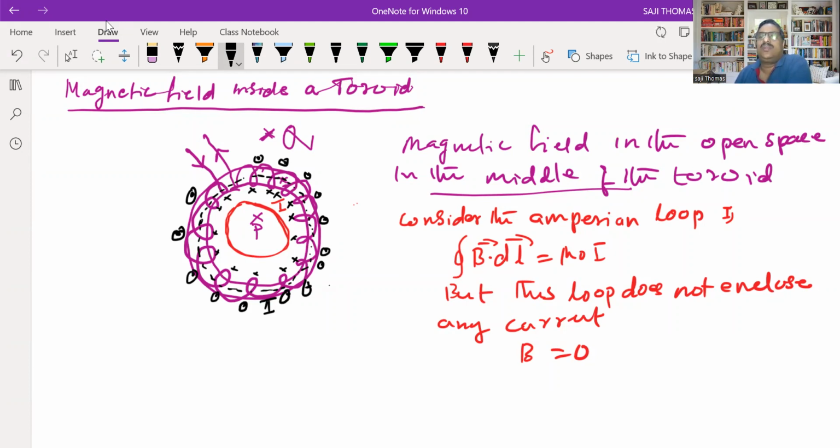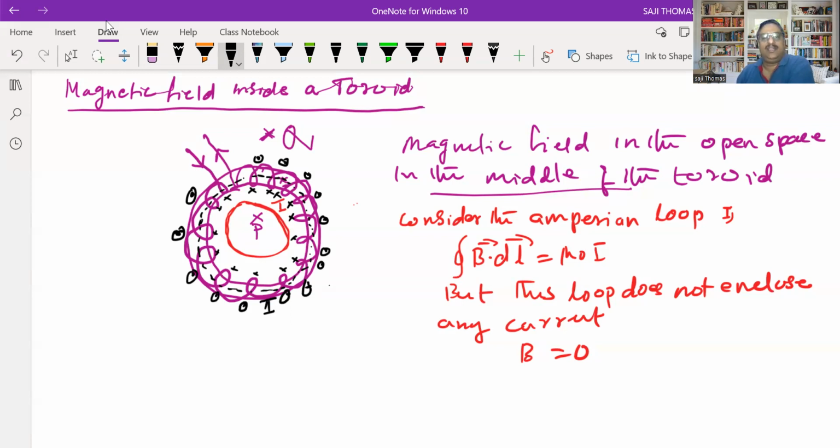So what is the total number of turns passing through the entire circumference of that Amperian loop 2? 2 pi r into n. So the total current enclosed by the Amperian loop is 2 pi r n into I.